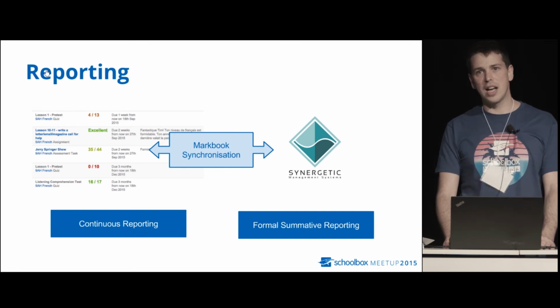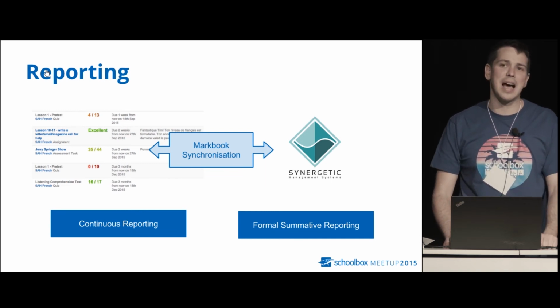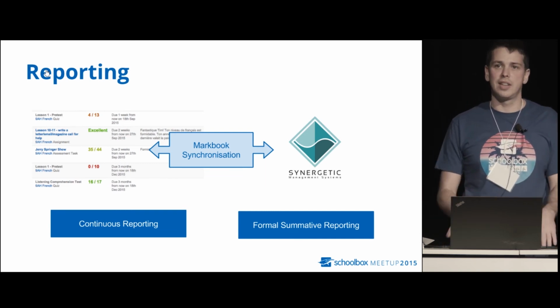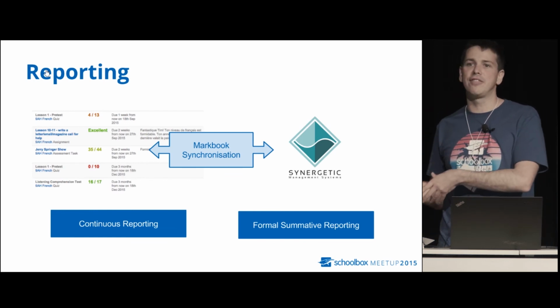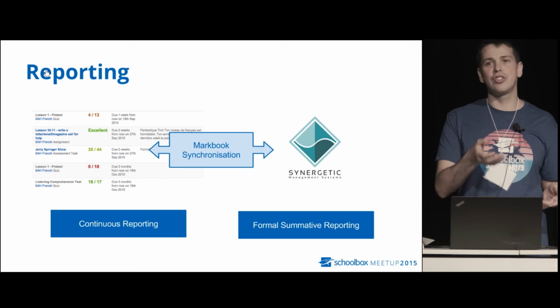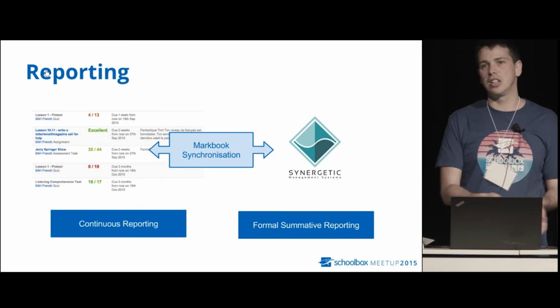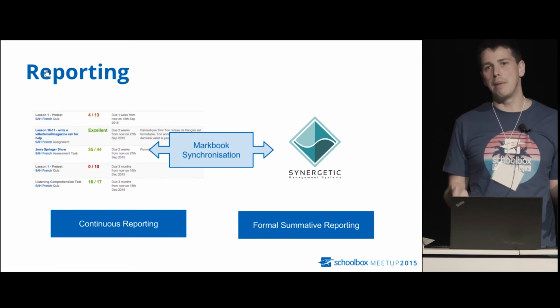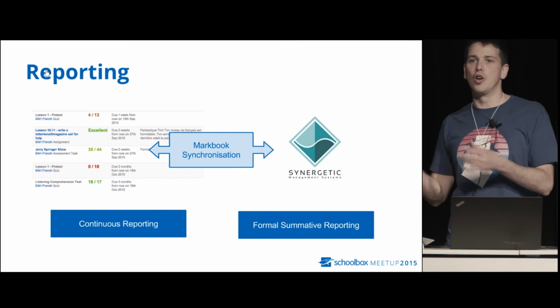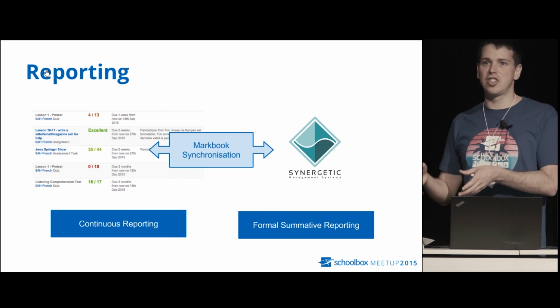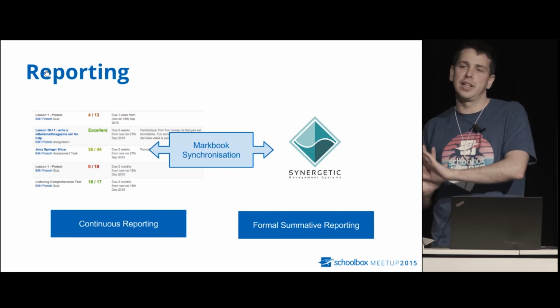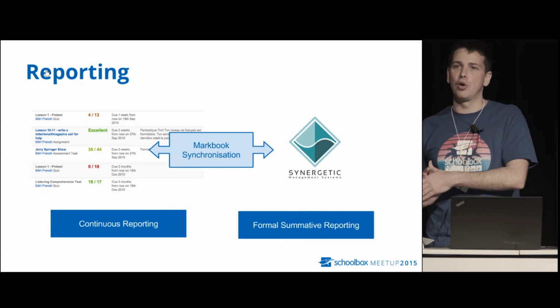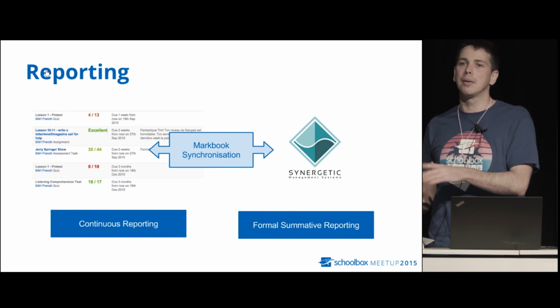So in terms of normalization, I know it was pretty common practice to happen in summative reports, that you would get a whole lot of grade data, you'd normalize it, and then that would be their final grade. And you can still do that type of work within Synergetic. So you can still take all of the raw Markbook data and then normalize that data in Synergetic and give them a final grade on their report. So that's all possible in Synergetic or in another reporting system, but that's not what we're really about.